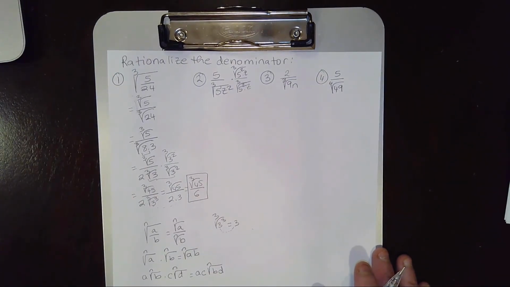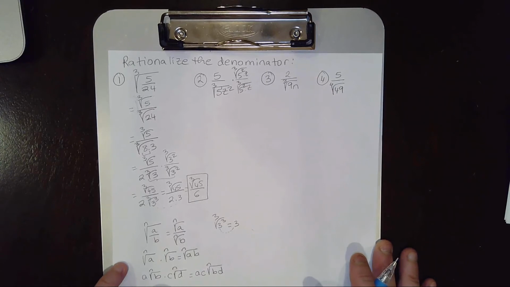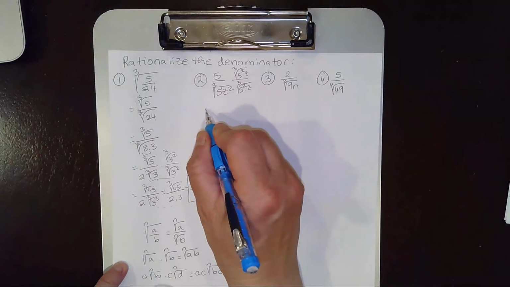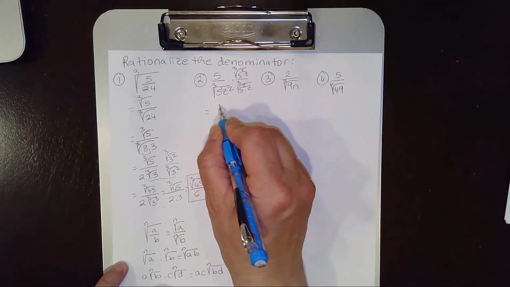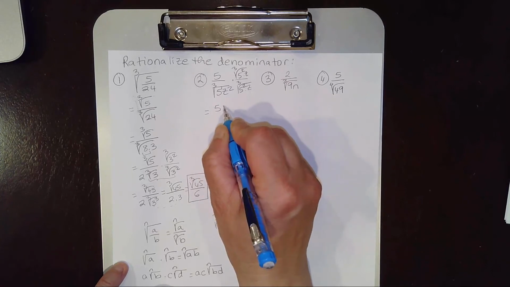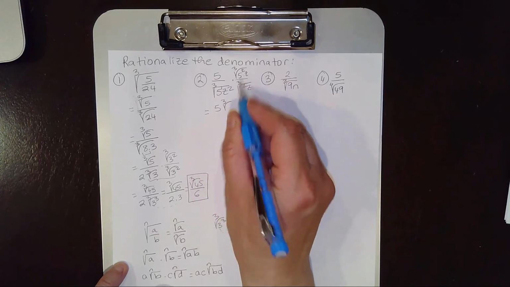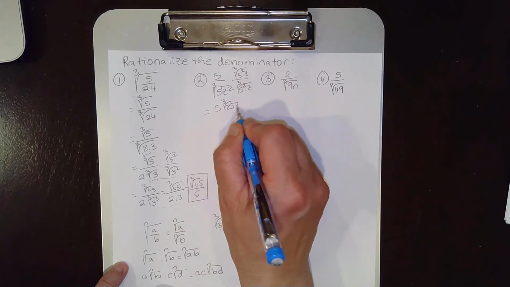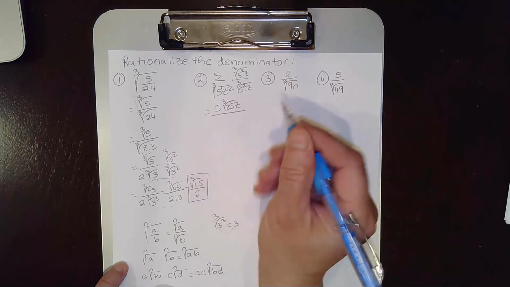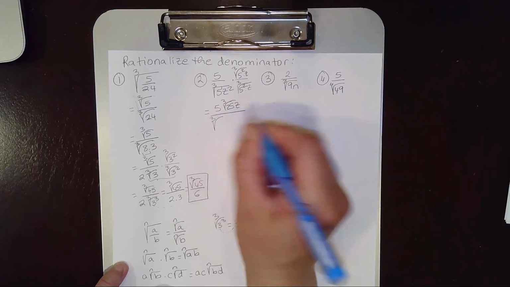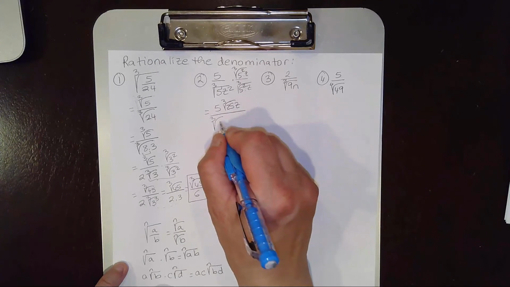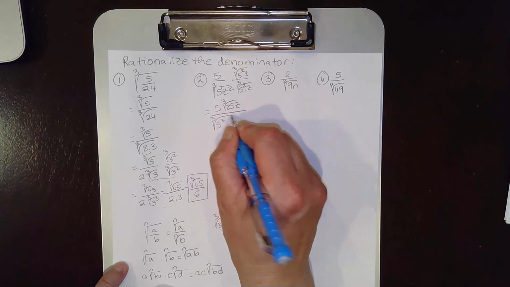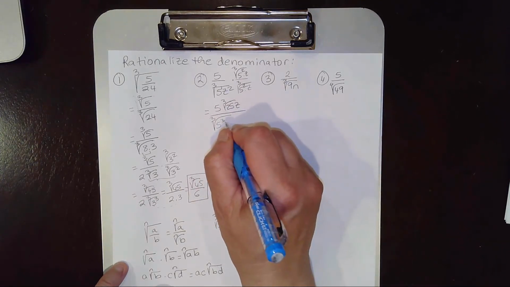So now this is going to give us 5 times cube root of 5 squared, that's 25z, divided by cube root of 5 times 5 squared, that's 5 cubed, or 125, times z cubed.